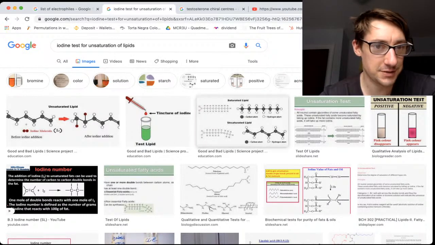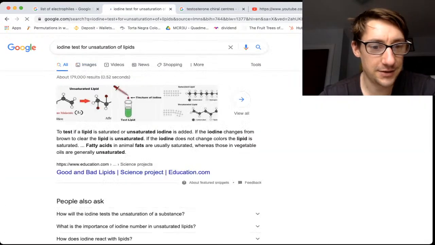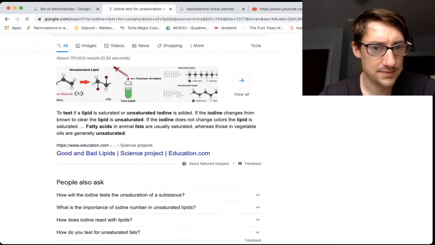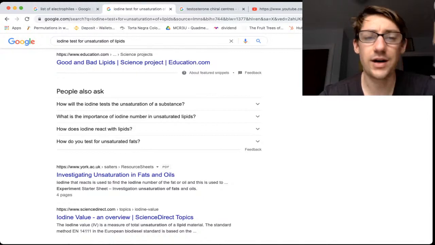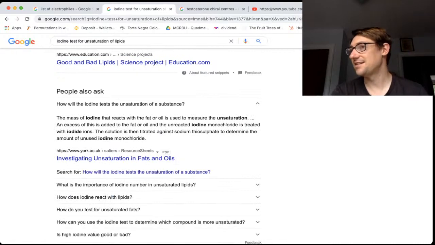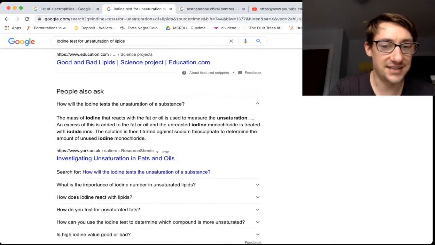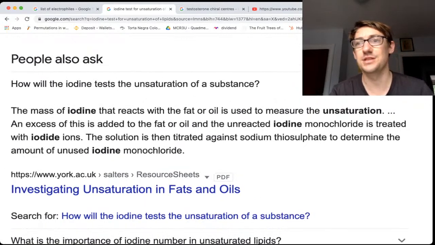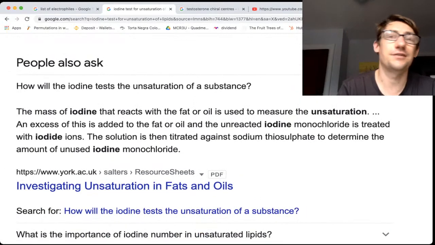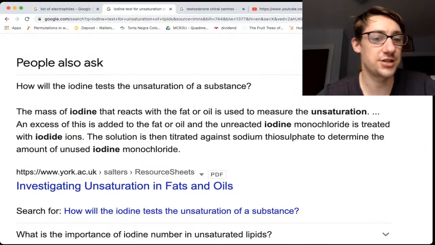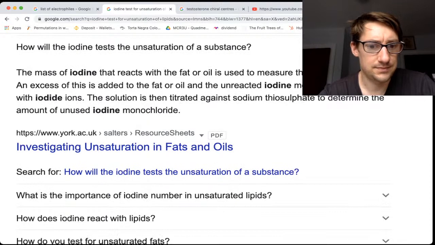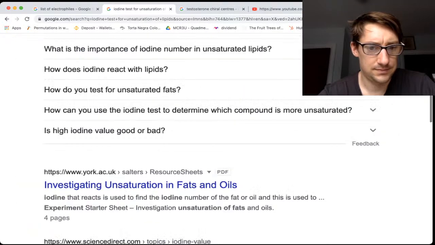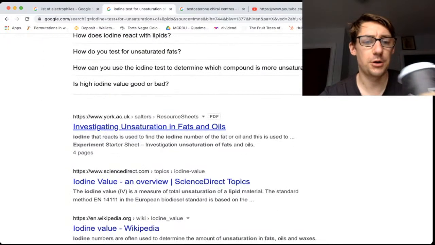Why would it be pink in the first place? Let's go find out. Oh, I remember the iodine test. It's like the iodine number, and it's like how many molecules of iodine react with it, therefore how many unsaturations are there. Okay, I'm opening this.